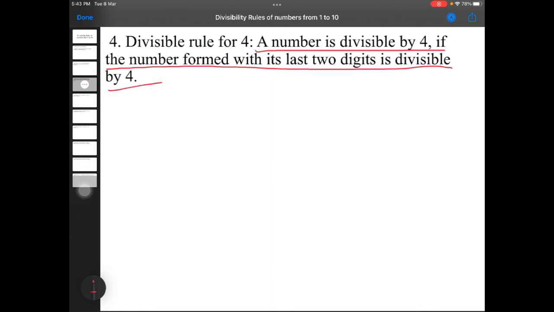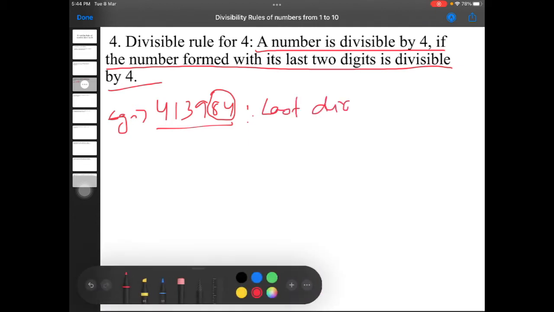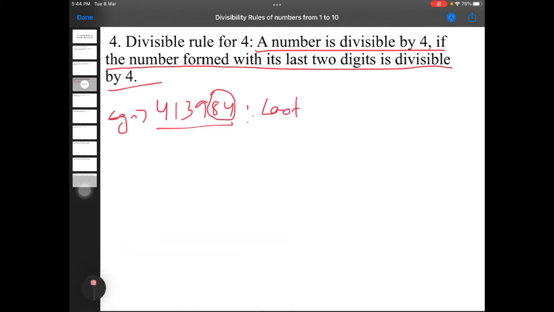For example, let's take again the number 413984. In this number, let's take the last 2 digits, which is 84.